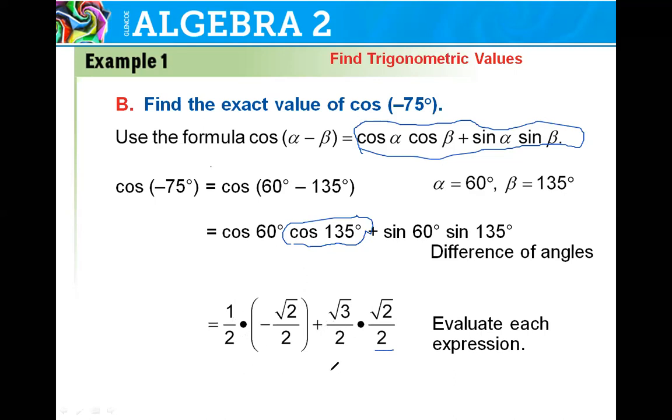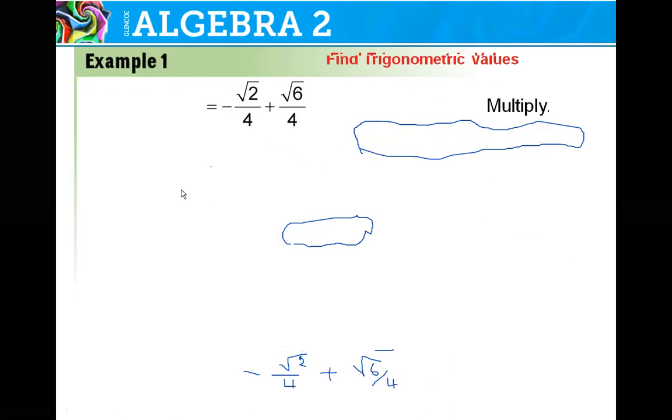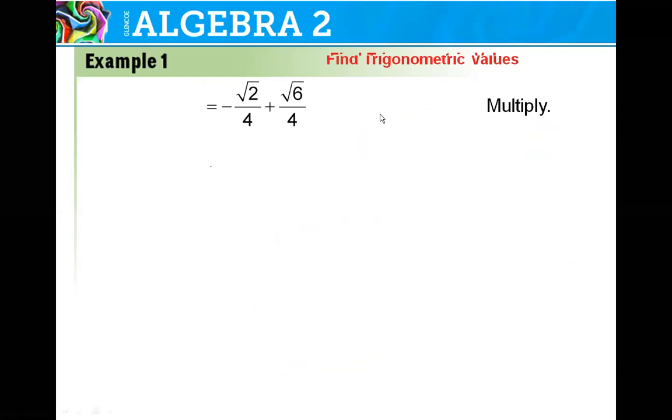Then you can simplify. We have a common denominator, so it becomes root 6 over 4, plus negative root 2 over 2 over 2, which equals root 2 over 4. We put the positive number first, so it is root 6 minus root 2 over 4.